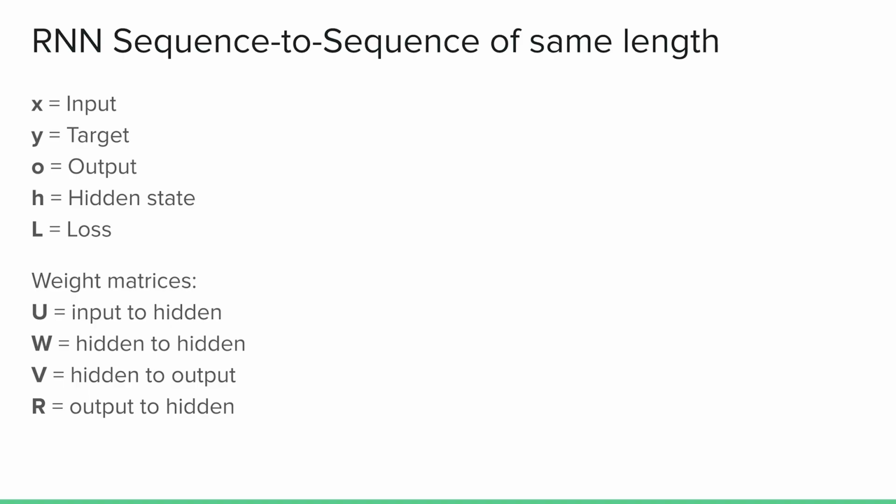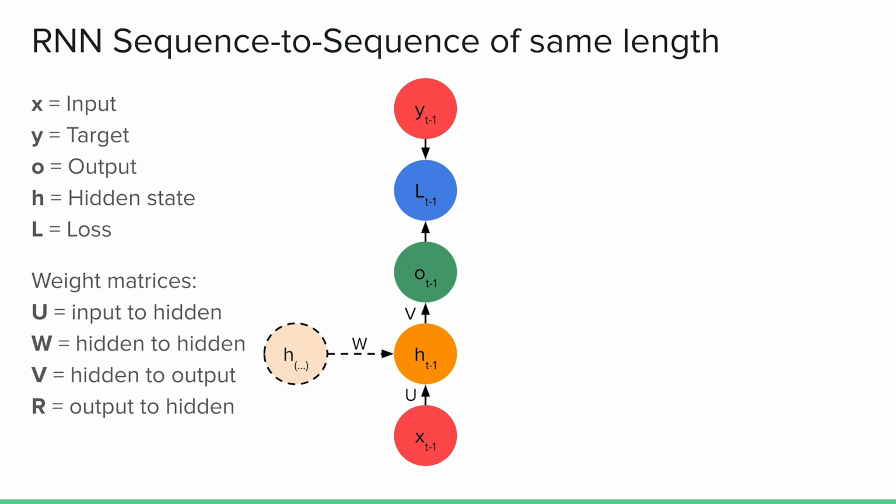Let's take a look at the simplest case here of sequences where the input and the output sequence have the exact same length. So we take our input x t minus 1 at time step t minus 1. We have previous states or the initial state that we feed in here, and we produce our output.